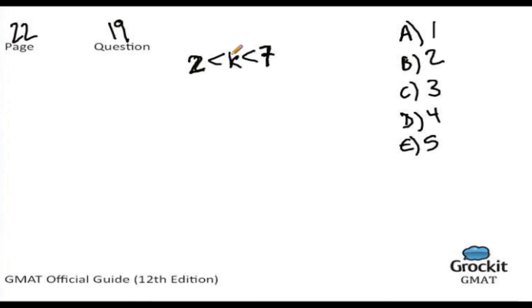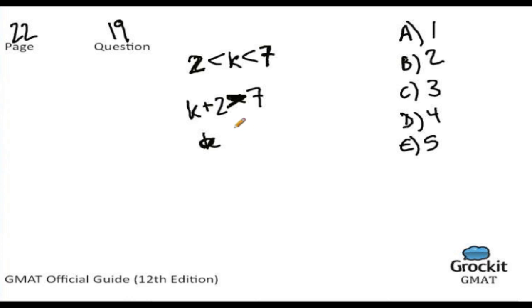So for how many integer values of k is k plus 2 greater than 7? Sorry, I did this wrong at first. k plus 2 has to be greater than 7, because 7 has to be less than the sum of the other two numbers.